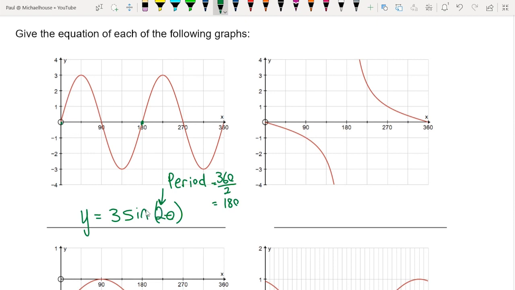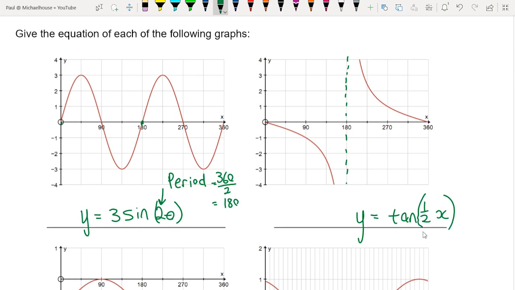Okay, this next one is looking like a tan graph, definitely. There's an asymptote in here. Now that asymptote would normally be at 90, right? So I'm thinking something like y equals tan of a half x. Right, now tan of a half x, remember that point of 45 degrees and 1, right?